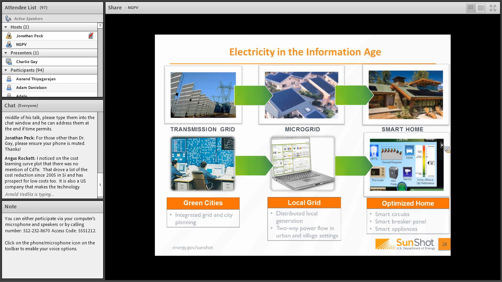And early tests in California look like the response time may even be better than that of spinning reserves that are often always kept online should a major fossil-fired generator source have to be taken offline. Next slide.